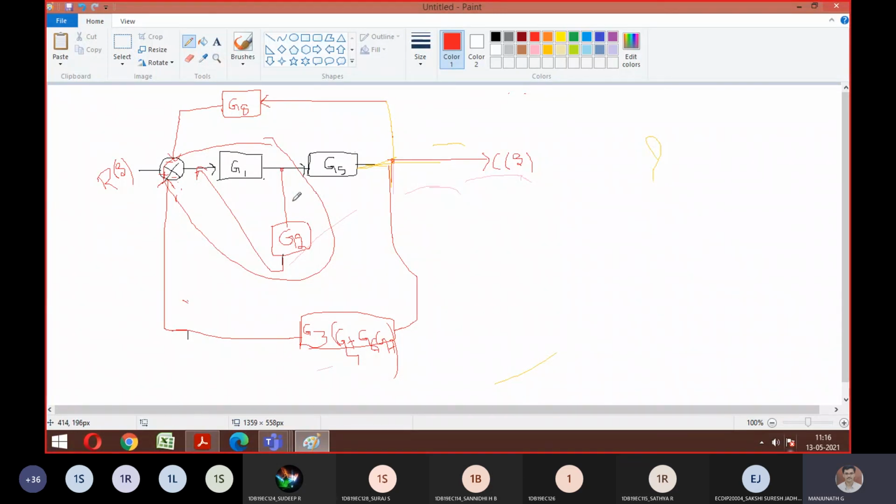Then finally you will get this as one block, and that and this are in the form of elimination, again, correct? See the arrow mark. I told you the arrow mark plays a major role. From output to input means it's a feedback path. So this G3 block along with this complete block is going to be again elimination. Is it okay to everyone?